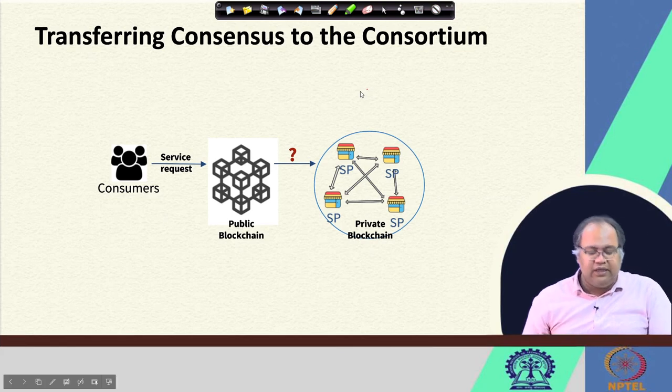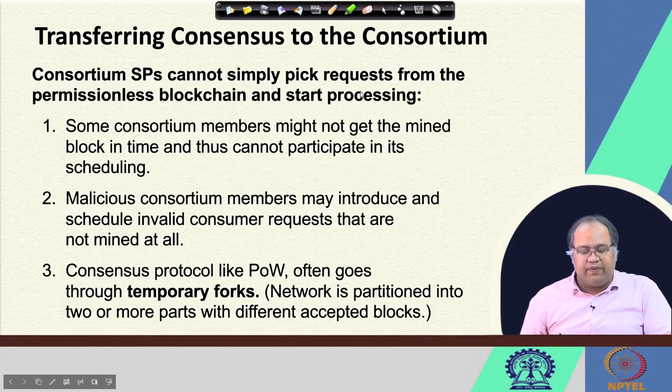The second one is the reverse thing: transferring of consensus from the consortium to the end user. Regarding transferring consensus to the consortium, as I have mentioned, the consortium service providers cannot simply pick the request from the permissionless blockchain and start processing. Some consortium members might not get the mined block in time and thus cannot participate in the scheduling.